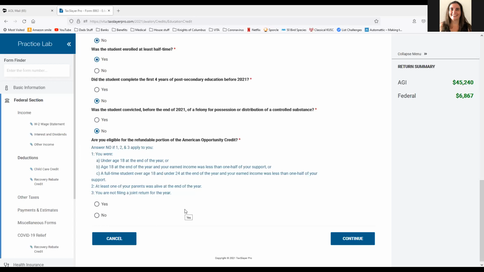Answer no if 1, 2, and 3 apply to you. 1, you were A, under age 18 at the end of the year, or B, age 18 at the end of the year, and your earned income was less than 1/2 of your support, or C, a full-time student over age 18 and under 25 at the end of the year, and your earned income was less than 1/2 of your support. 2, at least one of your parents was alive at the end of the year. And 3, you are not filing a joint return for the year.